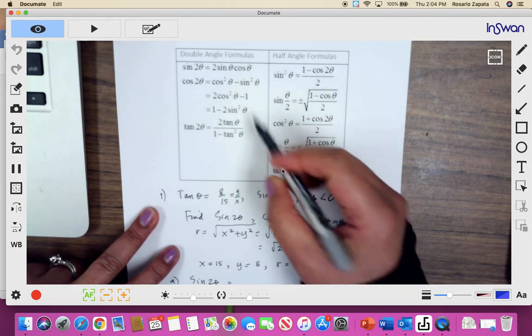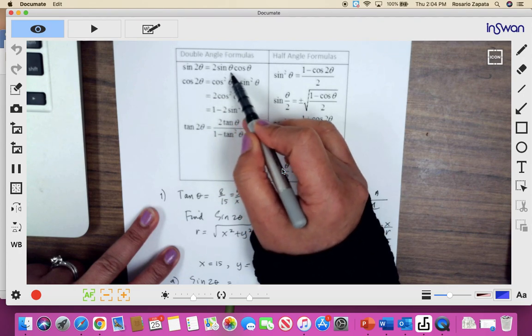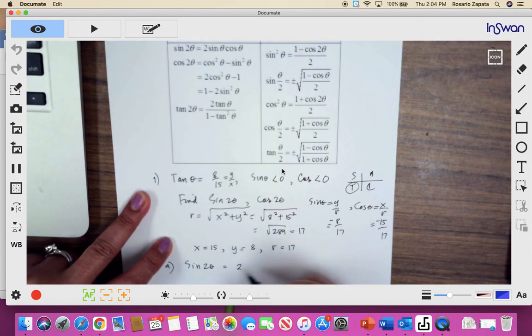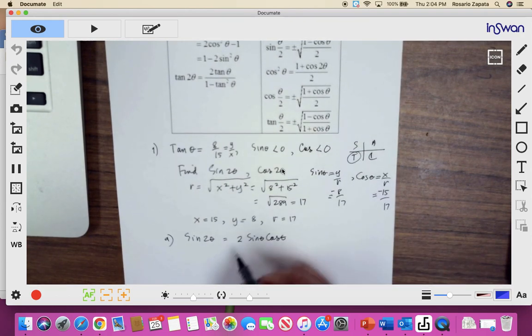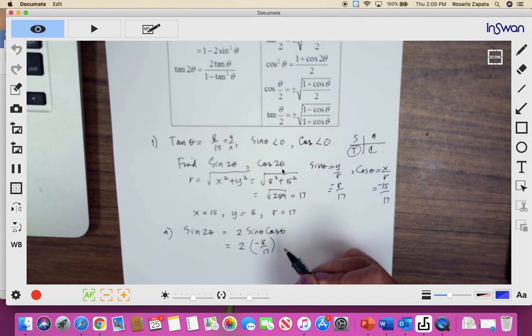All right, so you have here the sine 2 theta is equivalent to 2 sine theta cosine theta. And so therefore, we can simplify it with a single angle like this instead of a double angle, because we know already what's the value of sine and we know already what's the value of cosine. So therefore, this will be equivalent to 2 sine, and our value of sine is negative 8 over 17, and our cosine, which is negative 15 over 17.